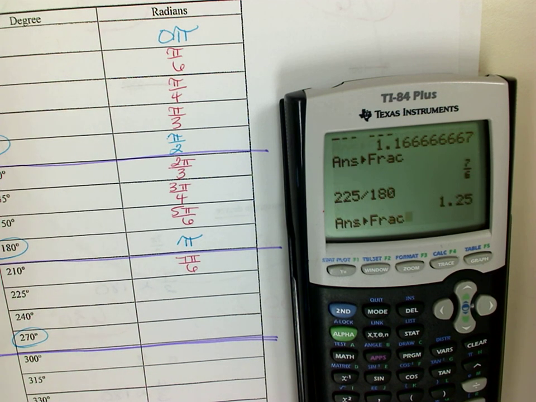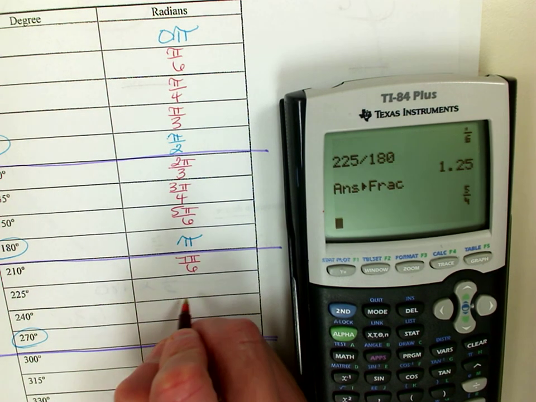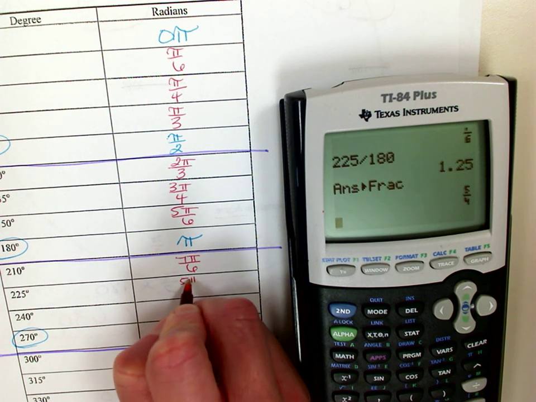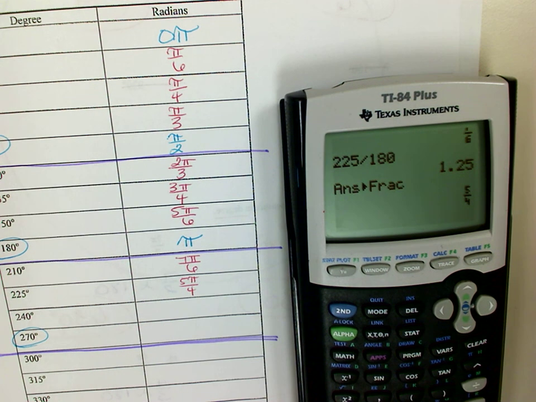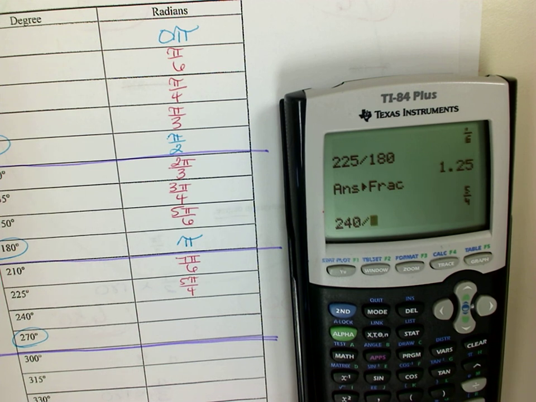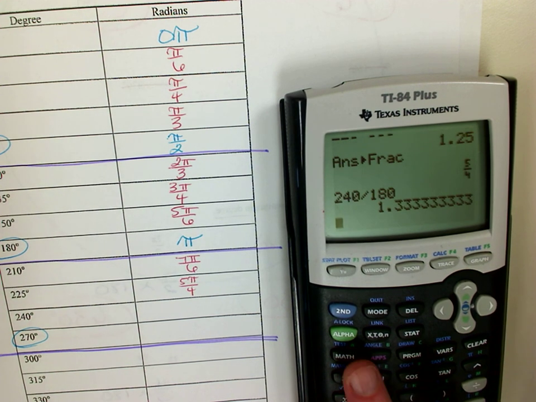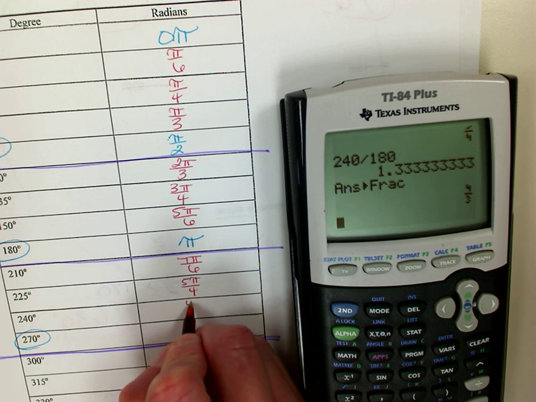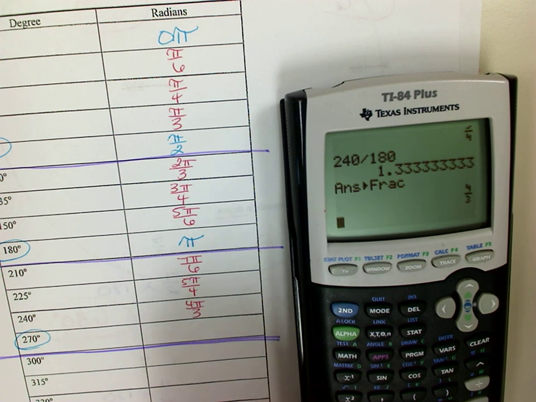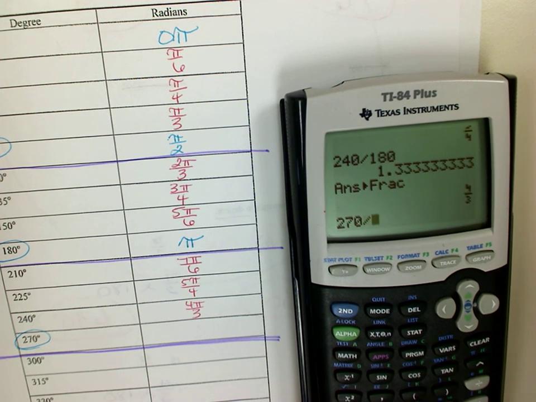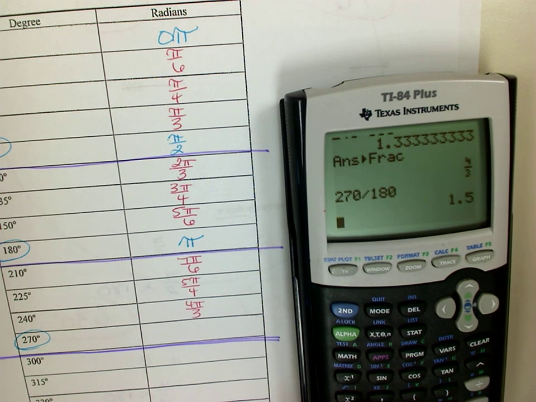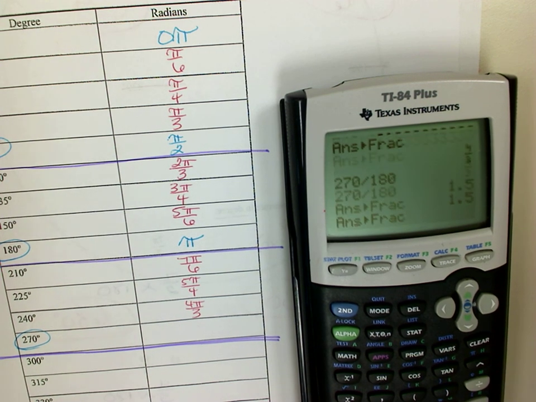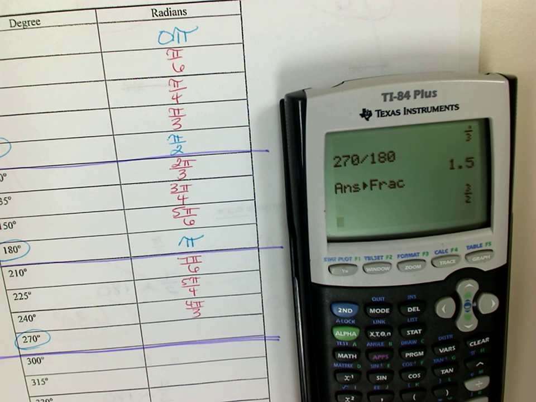Math, enter, enter. 5/4 pi. 240 divided by 180. Math, enter, enter. 4/3 pi. And then 270 divided by 180. Math, enter, enter. 3 pi over 2.